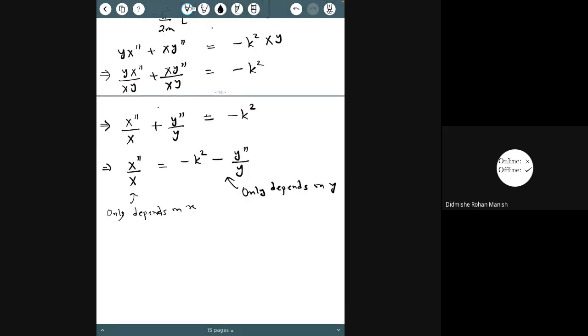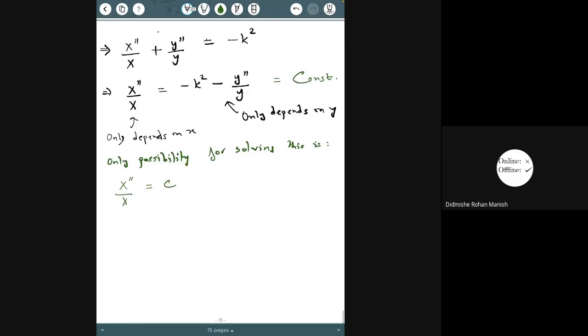So how can we have a solution to a differential equation which looks like this? The only possibility is that this is now equal to some constant. So the only possibility for solving this is that x double prime by x is equal to a constant, and minus k square minus y double prime by y is the same constant.